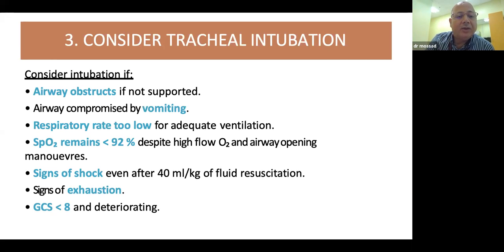You must add Glasgow Coma Scale less than 8, not improving. I think less than 8 is important. So it is very important to consider less than 8 as a major indication for intubation.